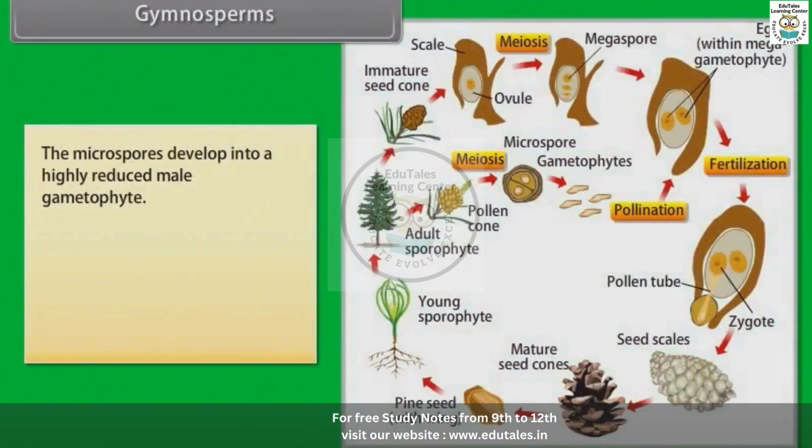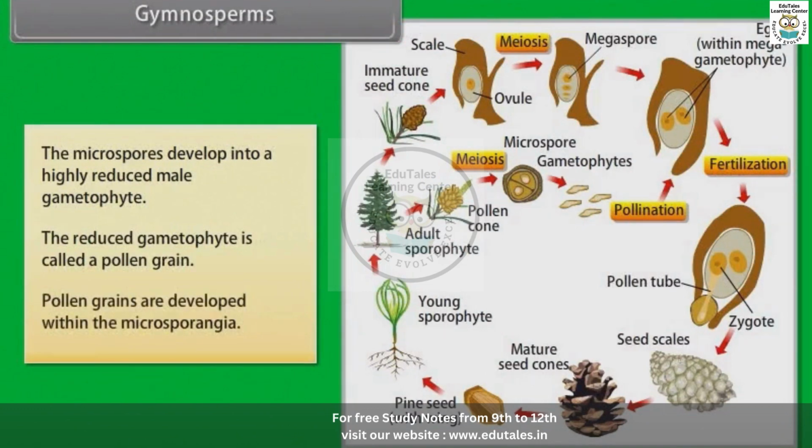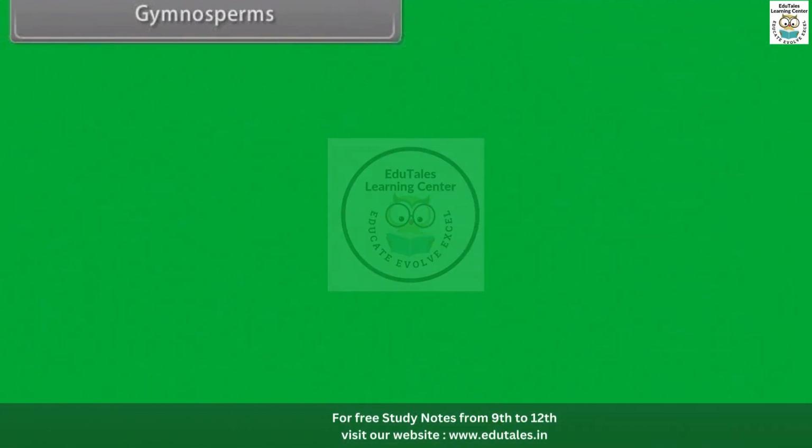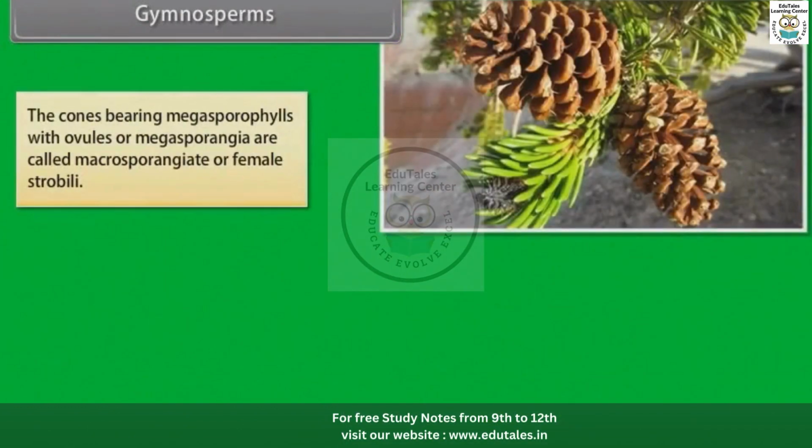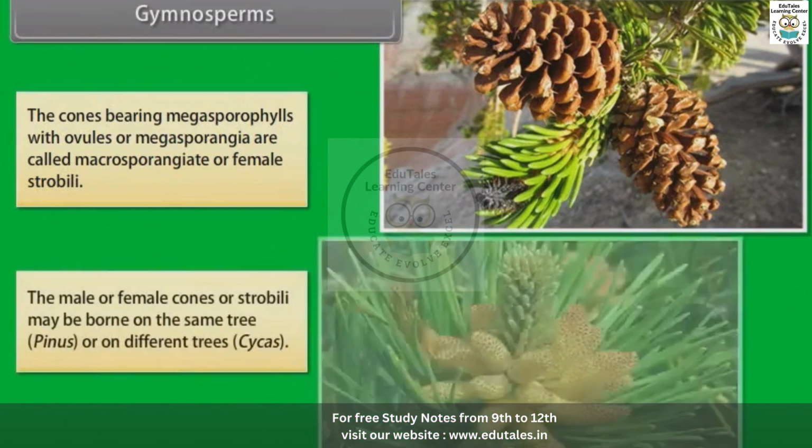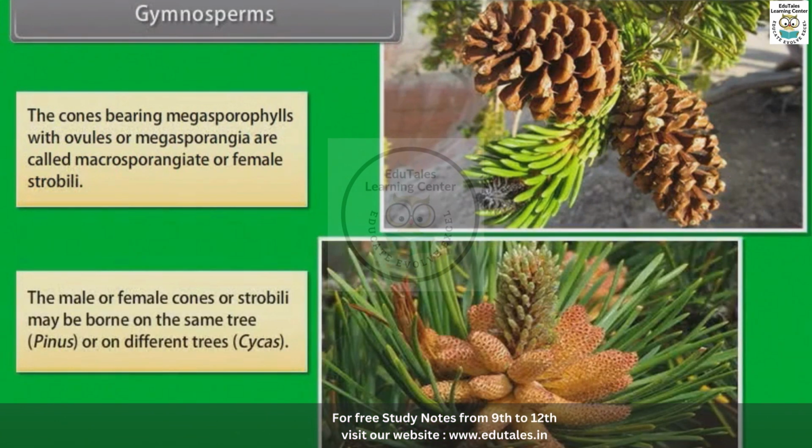The microspores develop into a highly reduced male gametophyte called a pollen grain. Pollen grains are developed within the microsporangia. The cones bearing megasporophylls with ovules or megasporangia are called macrosporangiate or female strobili. The male or female cones may be borne on the same tree, as in Pinus, or on different trees, as in Cycas.